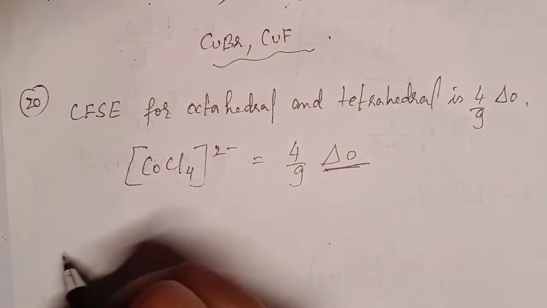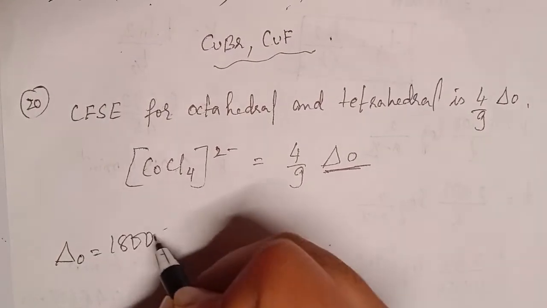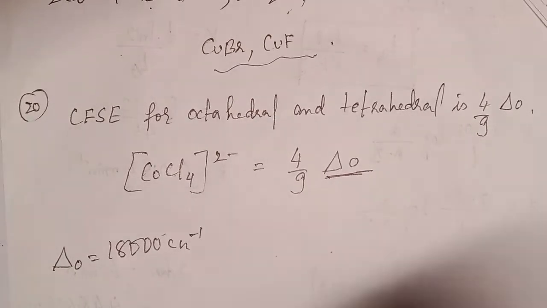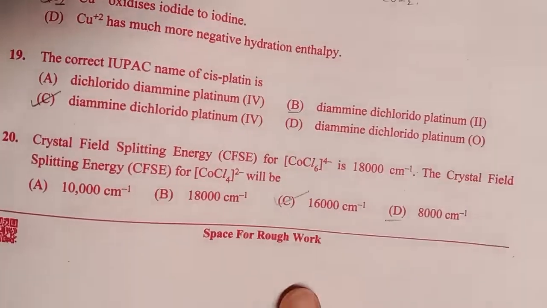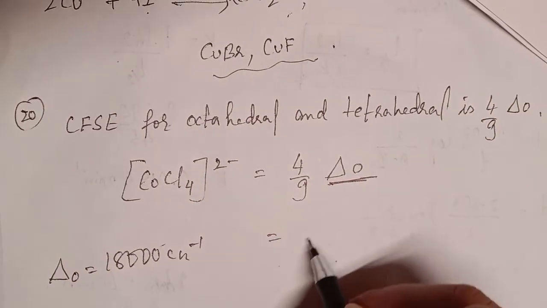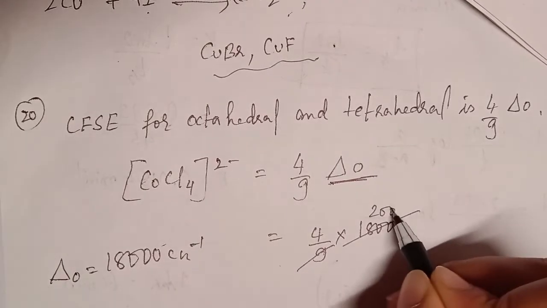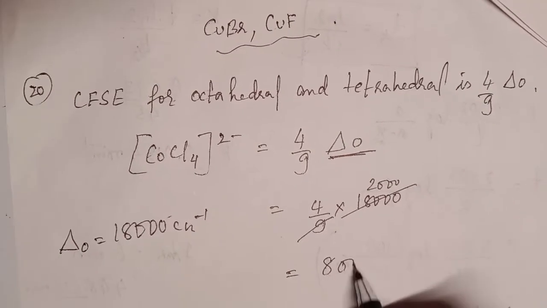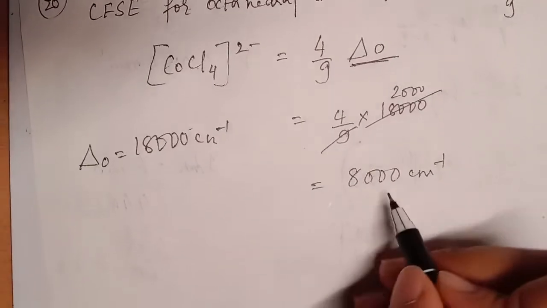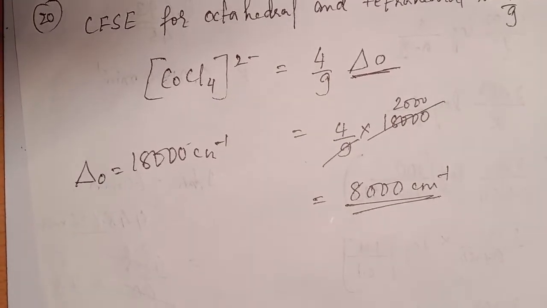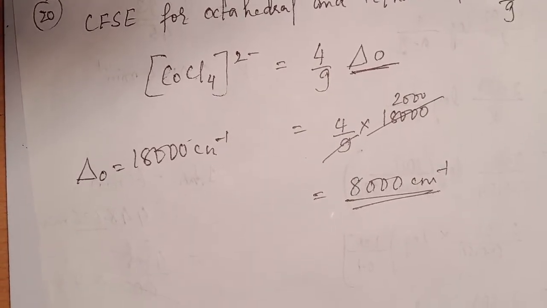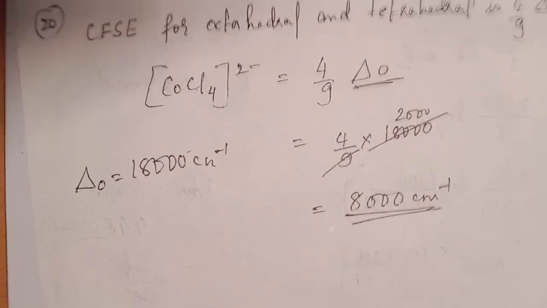Delta naught is the value that is given, 18,000 centimeter inverse. In this question it is given. So we'll put it in this formula, 4/9 into 18,000, which is 8,000 centimeter inverse, the crystal field splitting energy of the tetrahedral chloride compound.